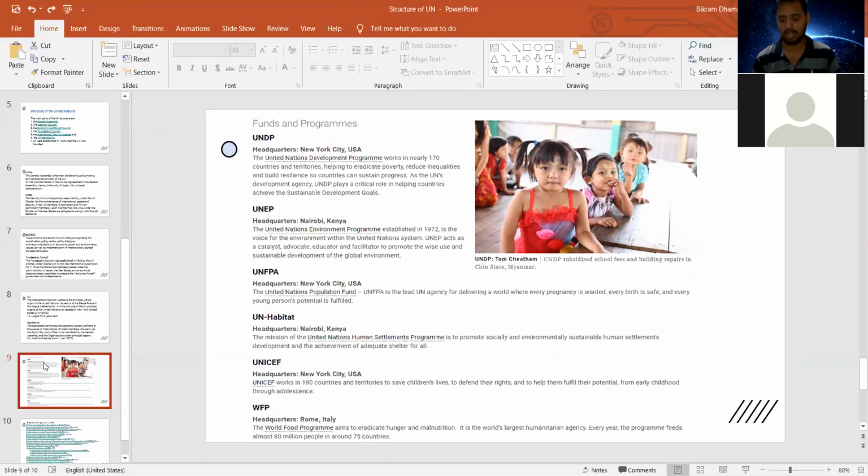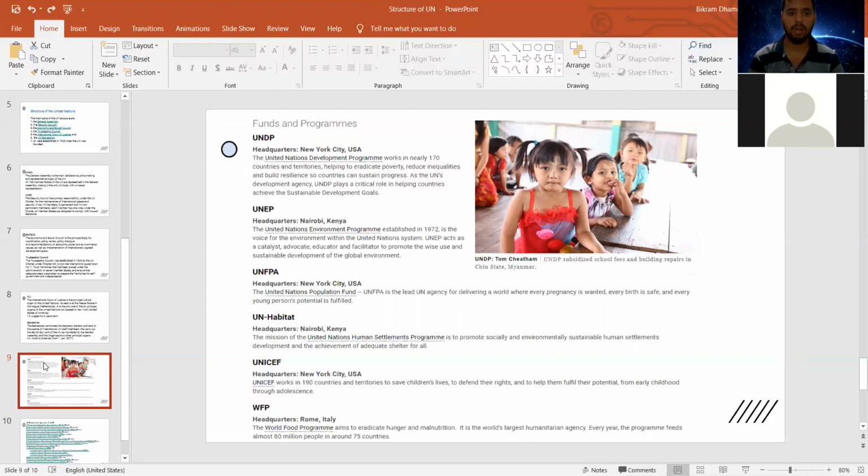Similarly, the next program is the United Nations Environment Program. Its headquarters is in Nairobi, Kenya, and it was established in 1972 after the establishment of the United Nations.